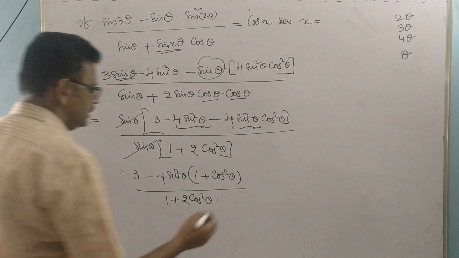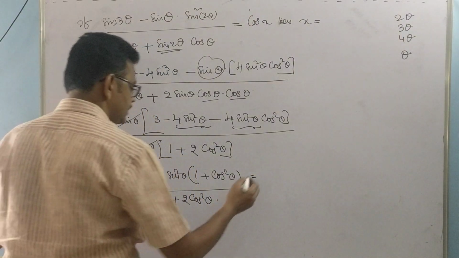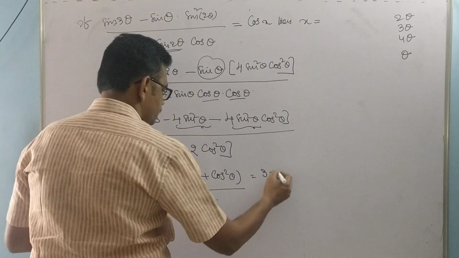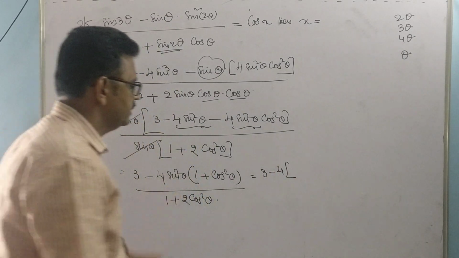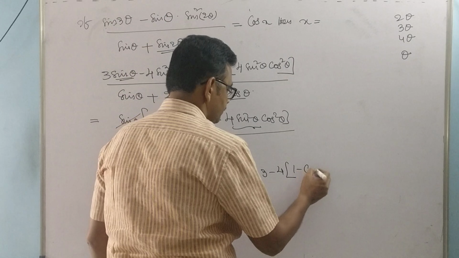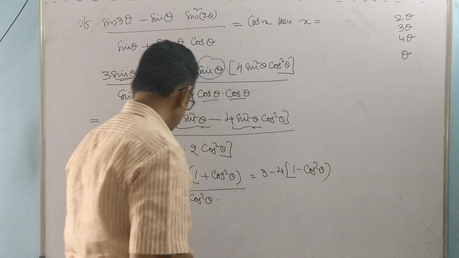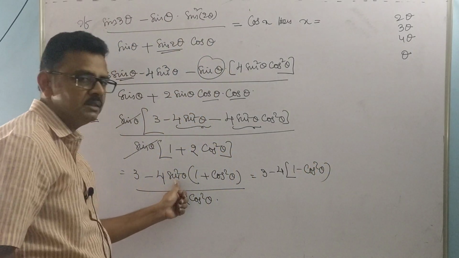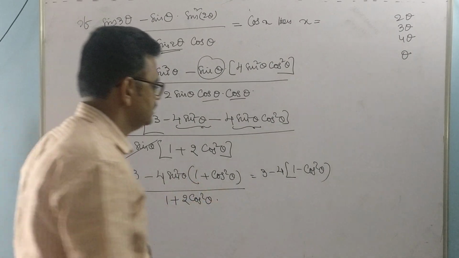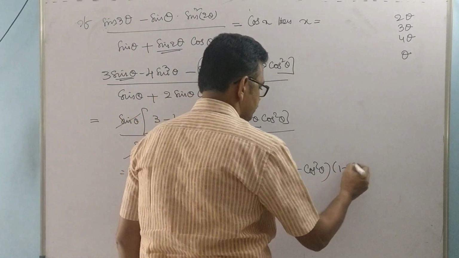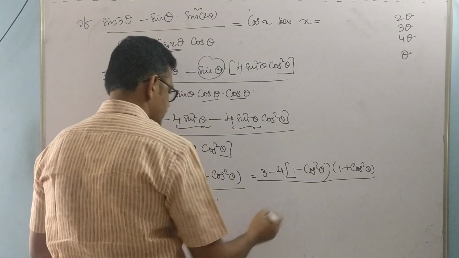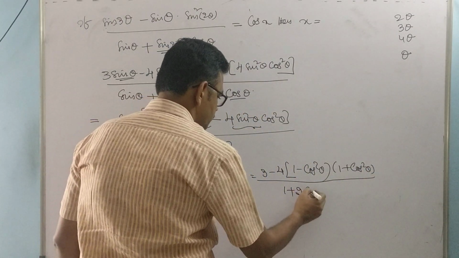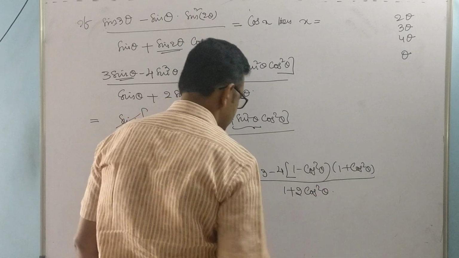Okay, that is equal to 3 minus 4 into, sin square theta is 1 minus cos square theta, into 1 plus cos square theta by 1 plus 2 cos square theta.